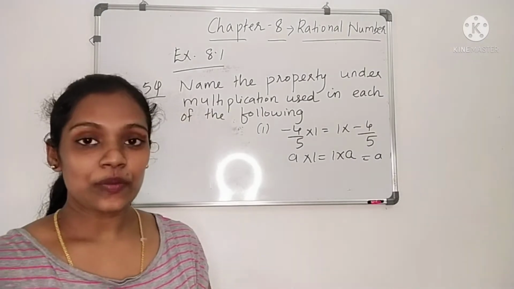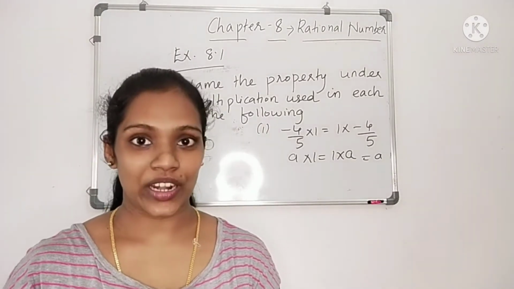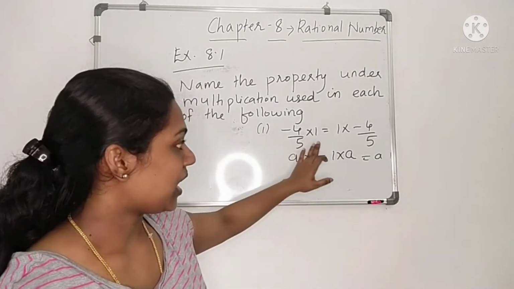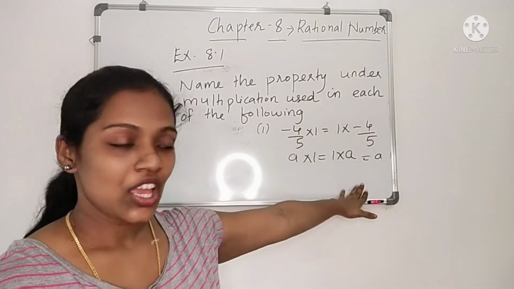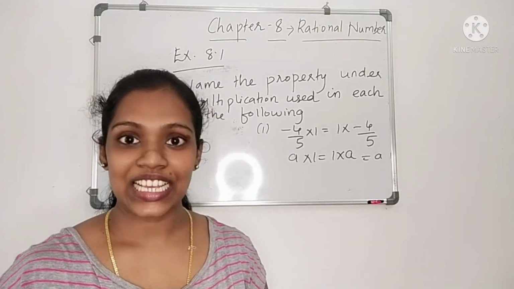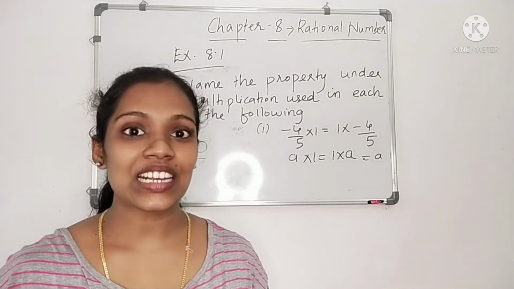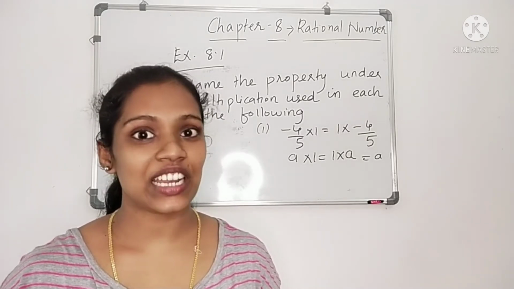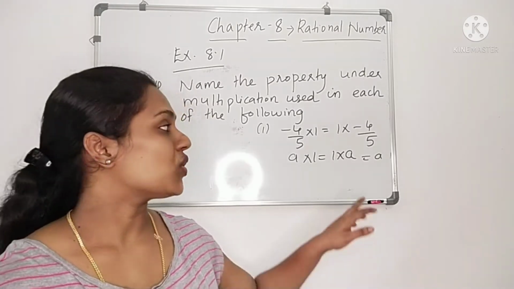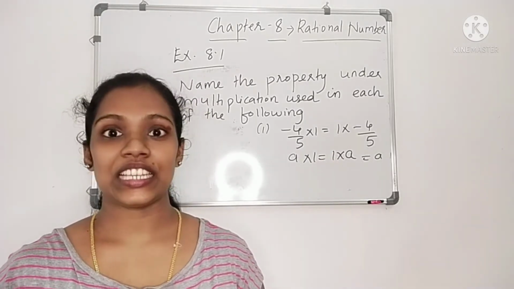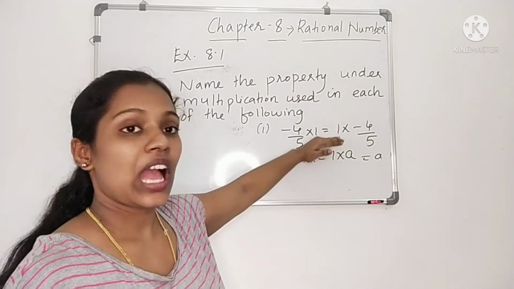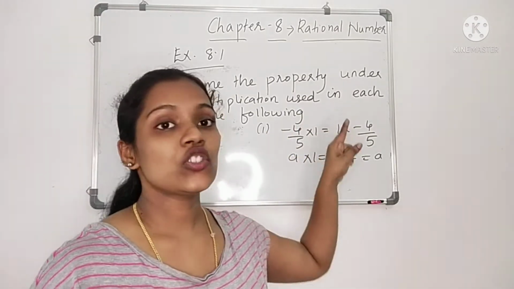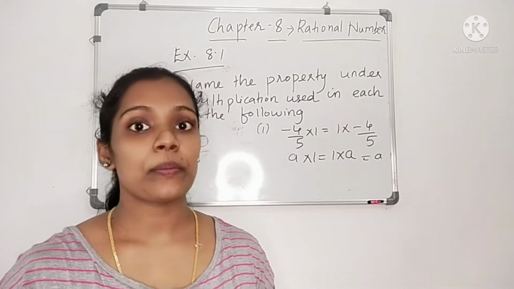That is, if you multiply any number with 1, you will get the number itself. If you multiply a with 1 or 1 with a, your answer will be a. So you can say that 1 is the multiplicative identity in this case. You have studied what a multiplicative identity is, so here we call 1 the multiplicative identity. The same property has been used here: minus 4 by 5 into 1 equal to 1 into minus 4 by 5, and your answer will be minus 4 by 5.